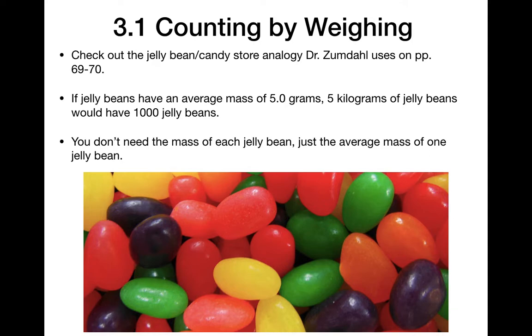When it comes to mass, the idea of changing grams to moles starts with the idea of counting by weighing. Dr. Zumdahl in the book does a pretty good job on pages 69 to 70 talking about weighing jelly beans in a candy store as a way of counting out the jelly beans.